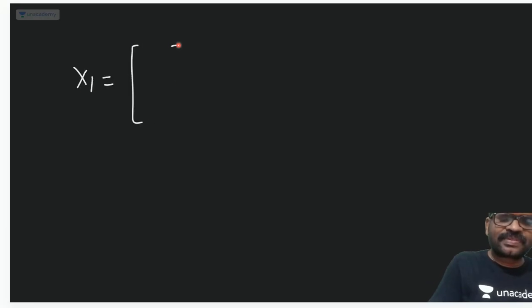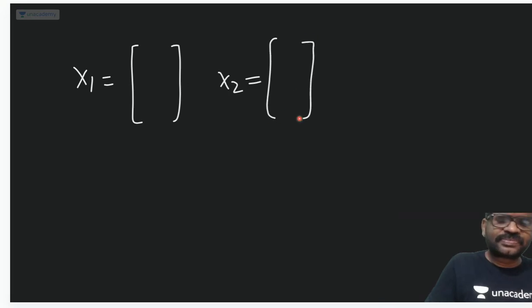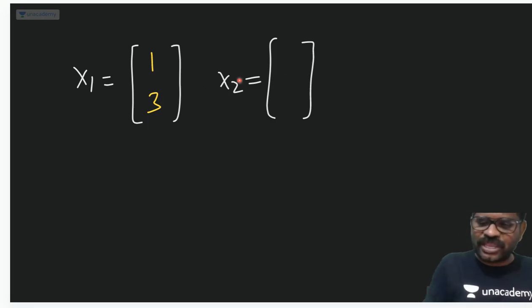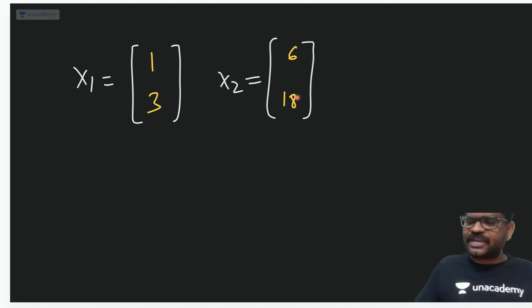Observe here. X1, X2. X1 is 1, 3. X2 is 6, 18.